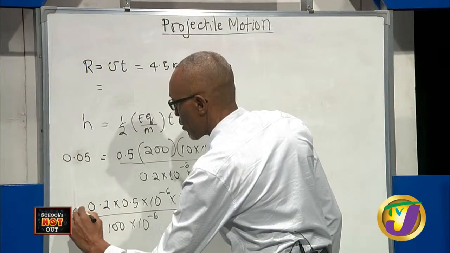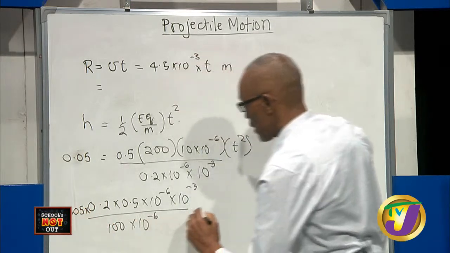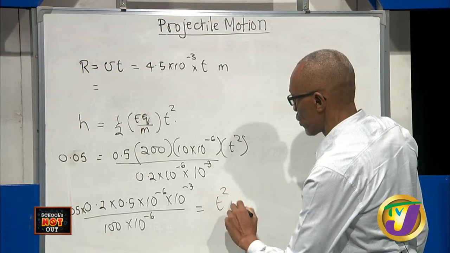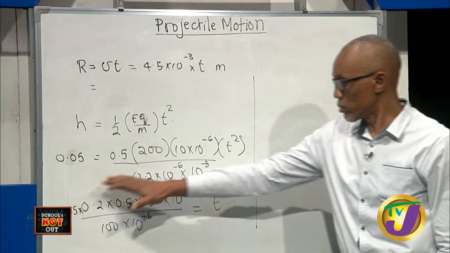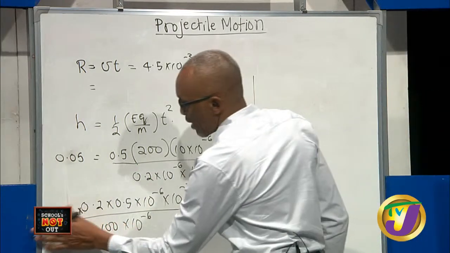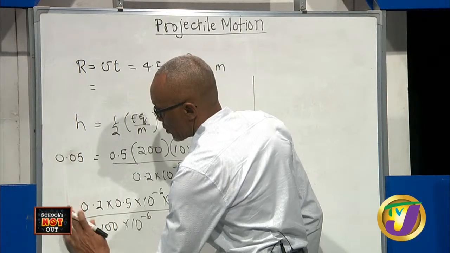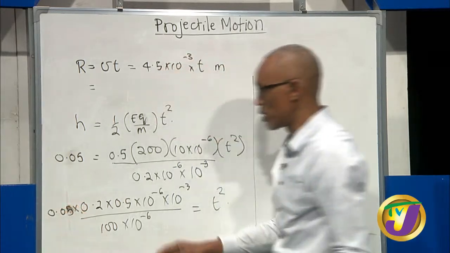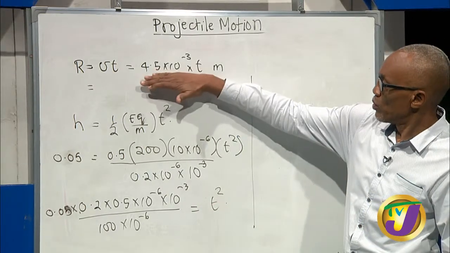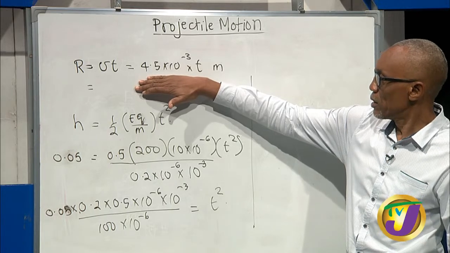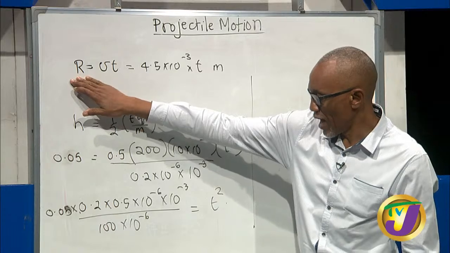0.05. All right. All of that would be equal to t squared. Now, when we find the value, we can calculate this and determine the value for t. We can determine the value for t, and then when we get the value for t, we substitute it in this equation here in order to find a value for r.